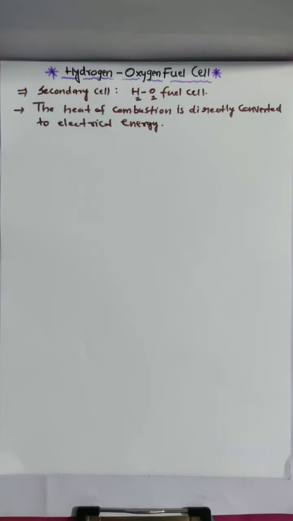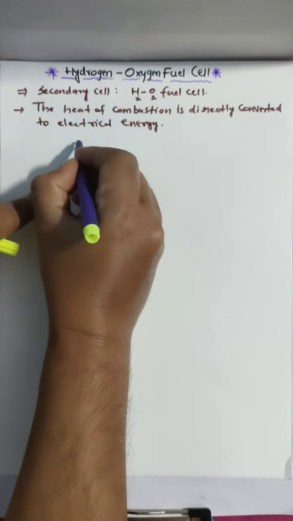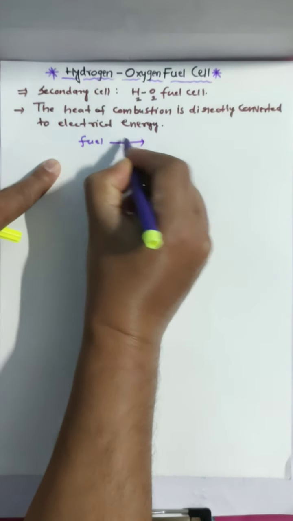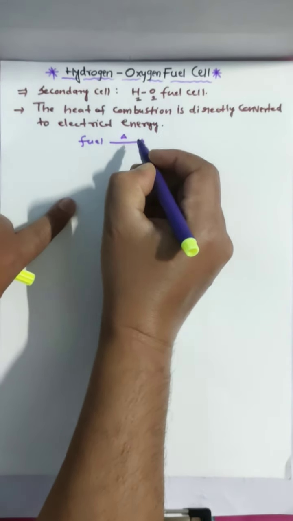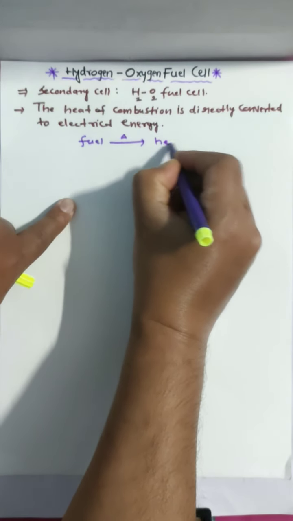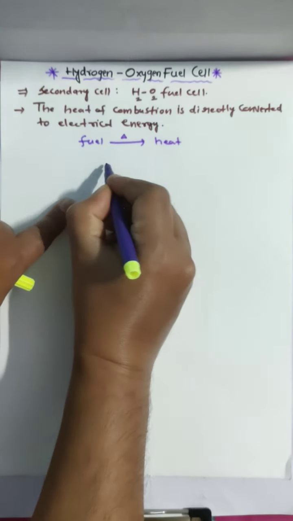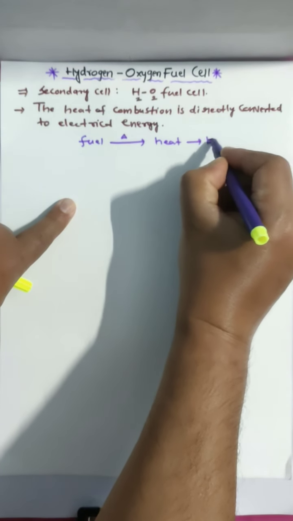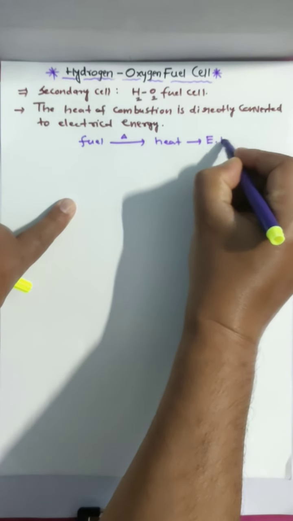What is heat of combustion? For example, if a fuel is subjected to heat, it will release some heat. This heat is converted to electrical energy.